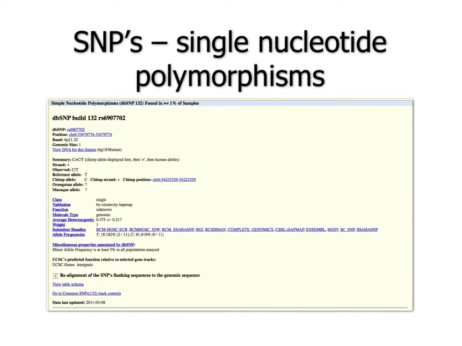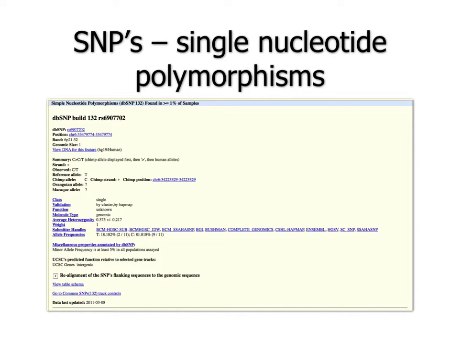Well, here I clicked on one of those links to one of the SNPs. I chose it randomly, and so it looks like this is categorized as SNP number RS69077002, and so that is from human DNA.